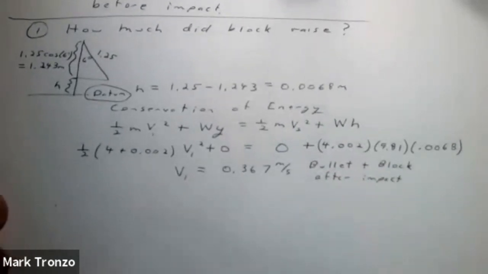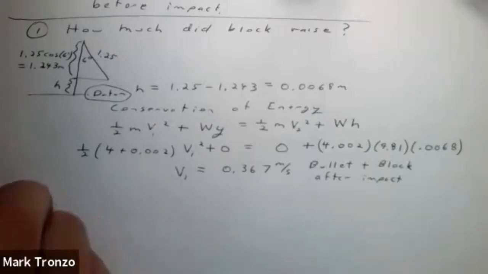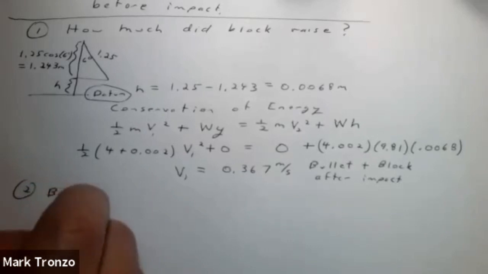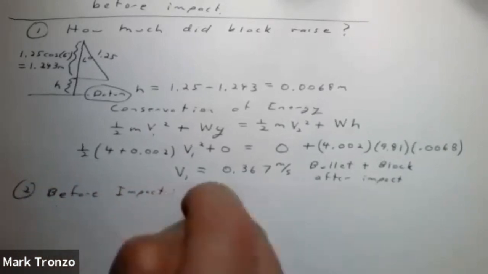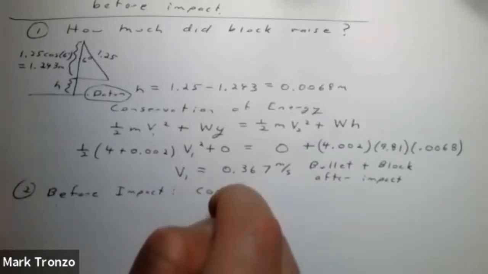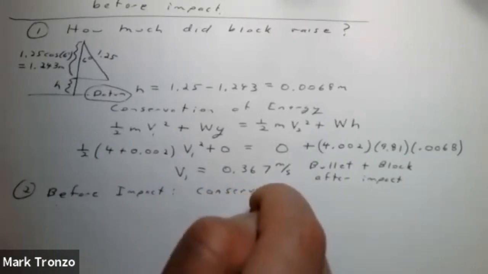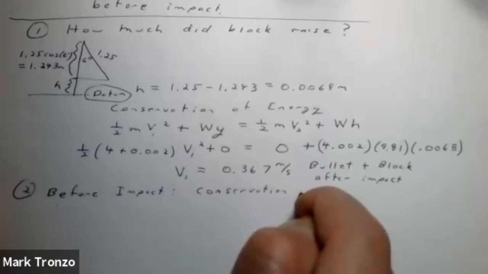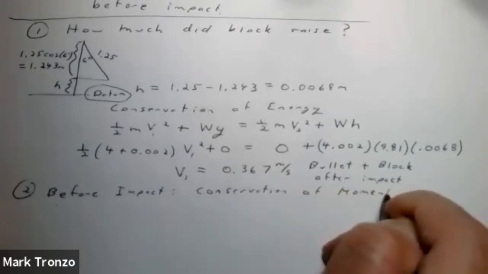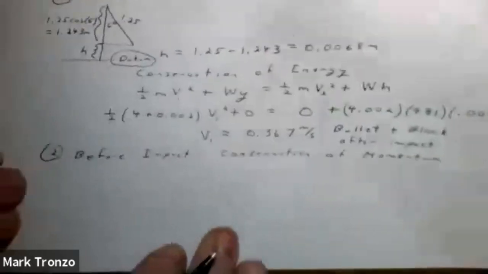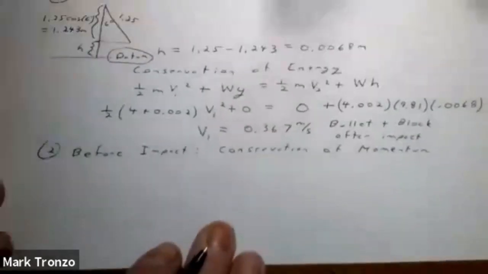Then finally, to find the velocity before impact, use conservation of momentum. That's pretty straightforward.